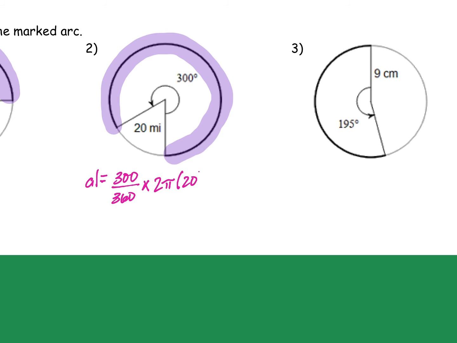So 300 divided by 360 times 2 times pi times 20 is 107.72 miles.